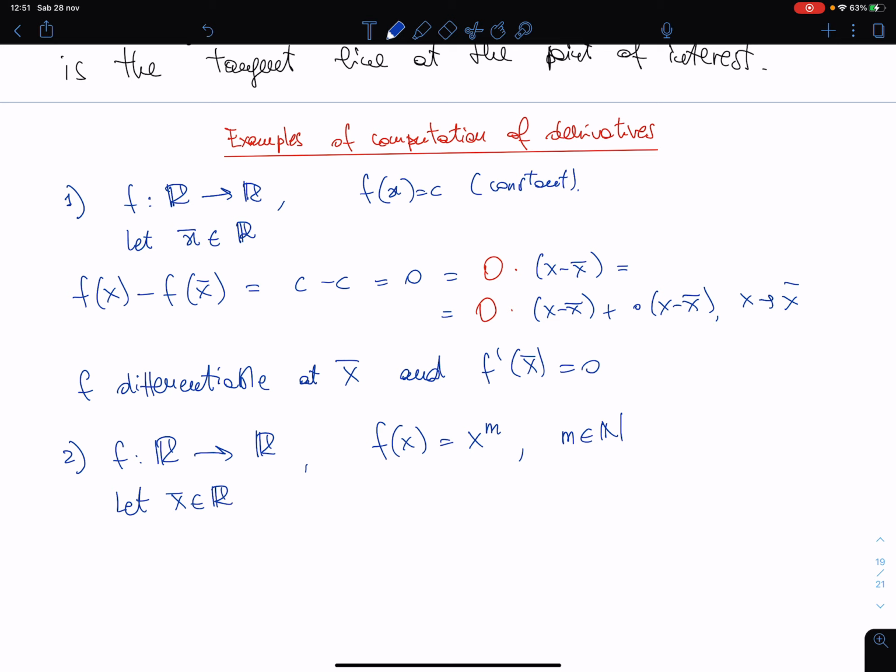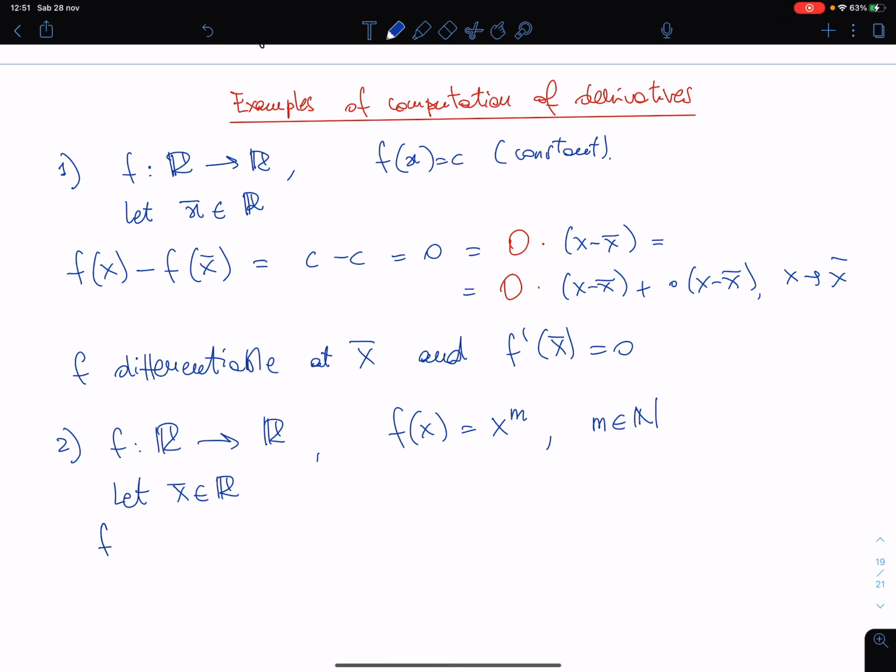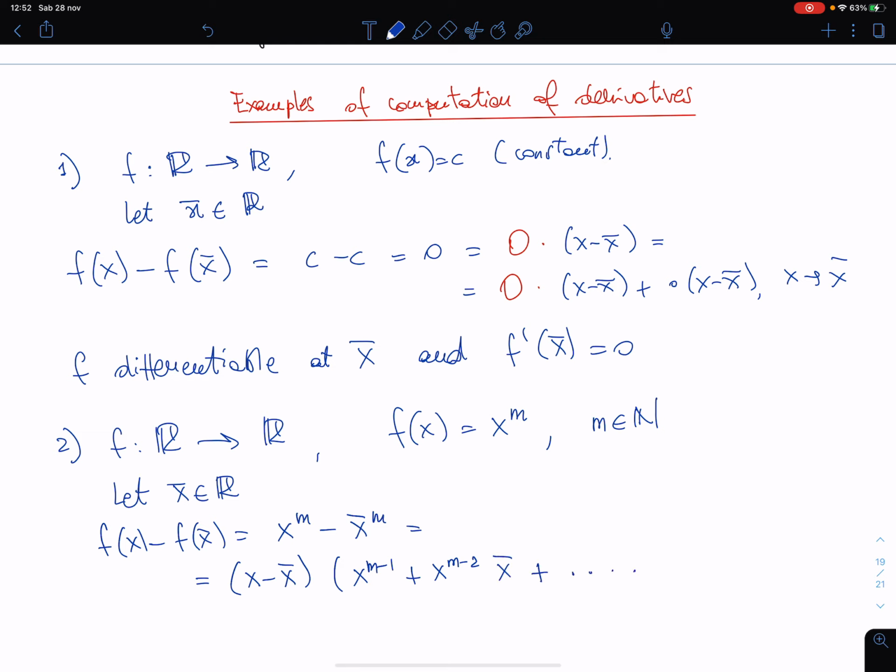Again, we write down the increment, which is f of x minus f of x bar, and this is x to the mth power minus x bar to the mth power, and this is, by the usual decomposition we know very well, x minus x bar times x to the power m minus 1 plus x to the m minus 2 times x bar plus many dots plus x bar to the power m minus 1. Okay?